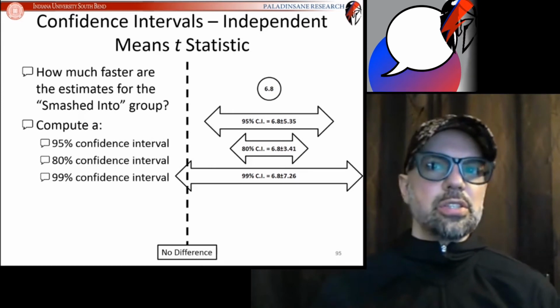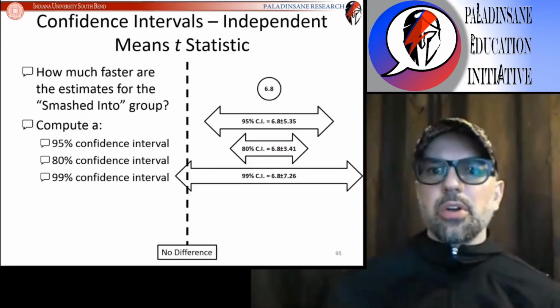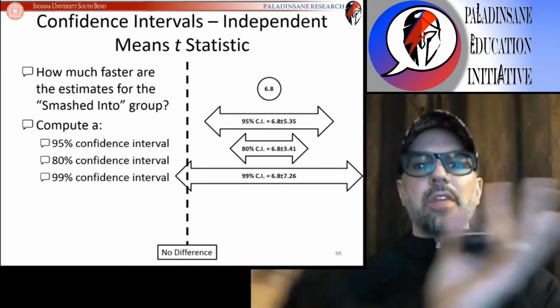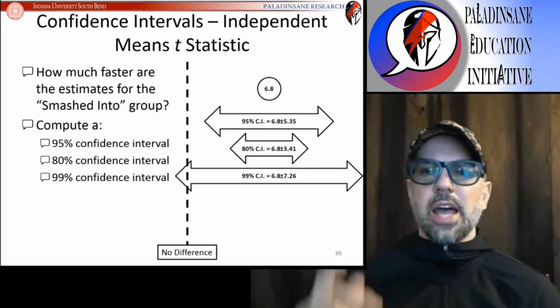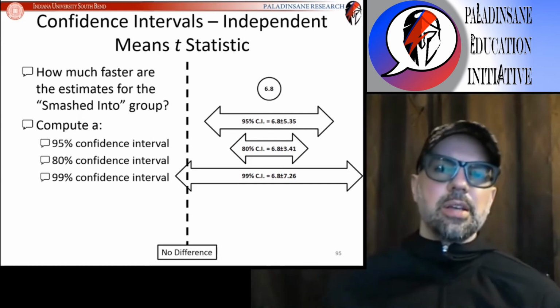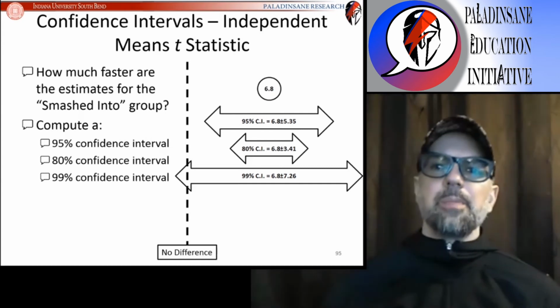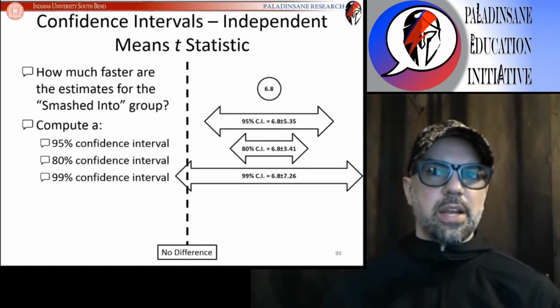So if the judge turns to you and says, can you be 80% sure that the testimony was overestimated? Because the entire 80% confidence interval is on the positive side, you can look at that judge and say, yes, I am 80% confident that this eyewitness overestimated their testimony. And if the judge came back and said, are you 95% confident that they overestimated their testimony?